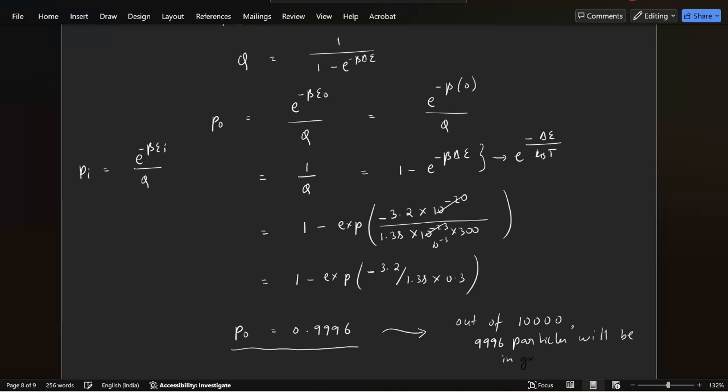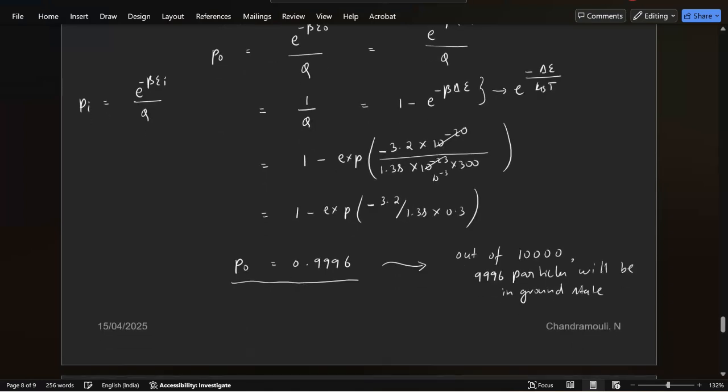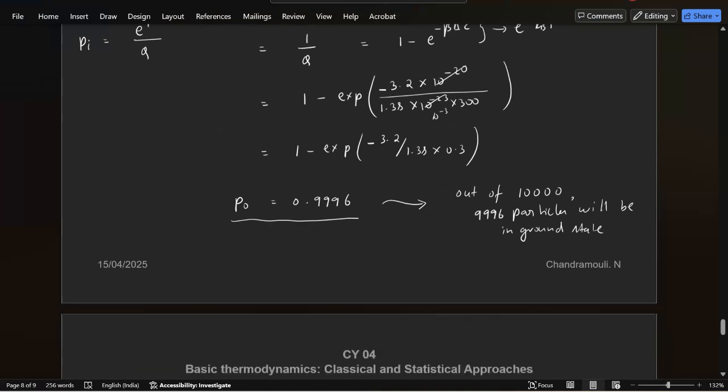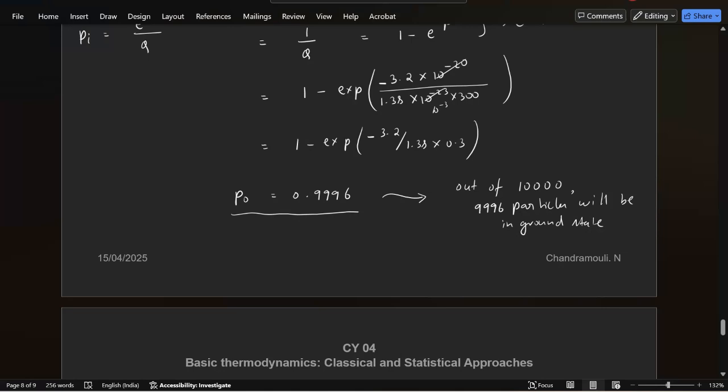Okay, sir. Only 4 particles can go to some higher state. So that means the ground state is the most probable state at 300 Kelvin for this system. Okay, did you understand that?